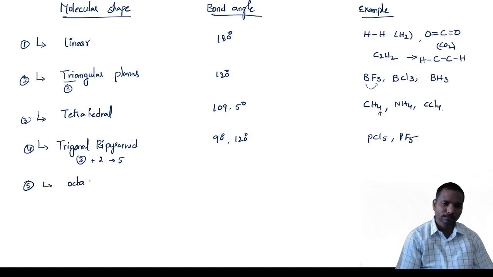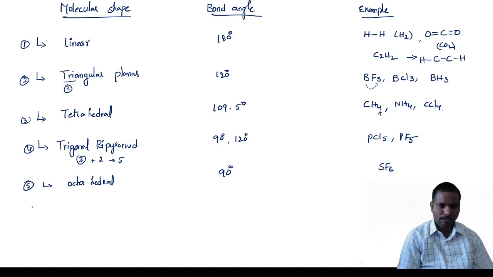Octa means 6. Here the bond angle is 90 degrees. Example SF6, a gas that is used in circuit breakers.